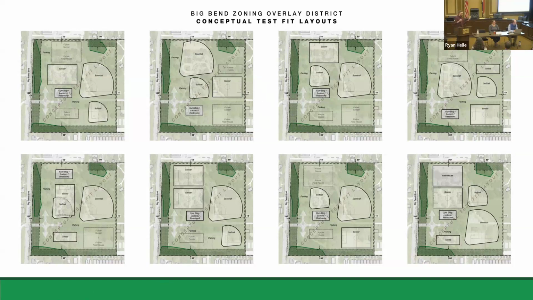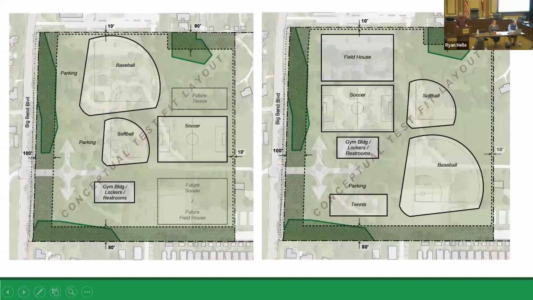So when you take those uses that exist in those other areas and bring them here, this illustrates how they might be laid out on the site. Of course, this is assuming it's flat. We all know it isn't. So there's a lot of engineering work that would need to be done to determine what exactly that might look like. But these layouts give you some sense of how that site could be developed.